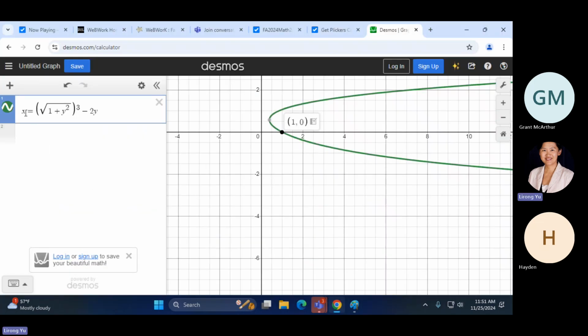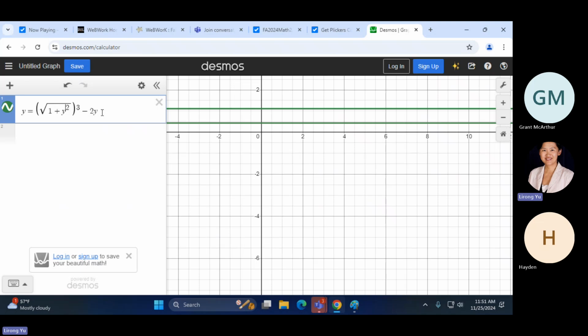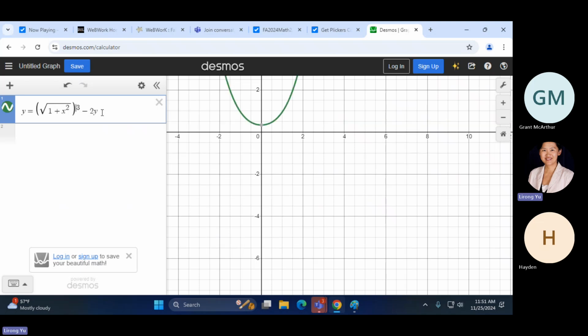Okay. Second point, let's make it x equal to 2. It's a really slower way to graph it.